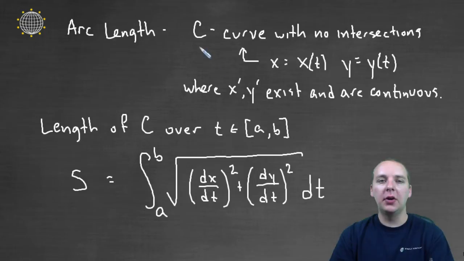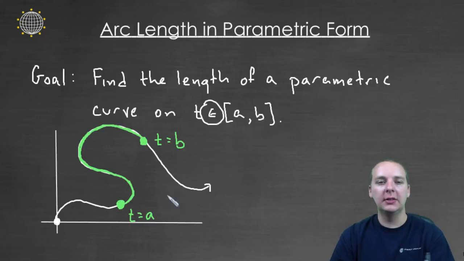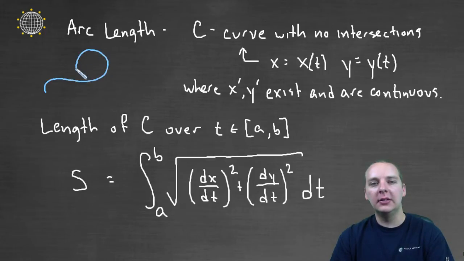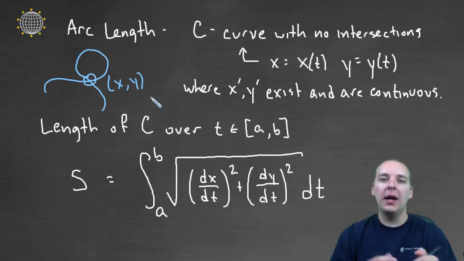So let's say we have a curve, capital C. That's like this curve here that we have. One slight stipulation is that the curve can't have any intersections. There's got to be a one-to-one correspondence between the t values and the points x, y. So if your curve went along like this and then somewhere crossed itself, then there wouldn't be a one-to-one correspondence, because one given point x, y might be associated with two different t values.